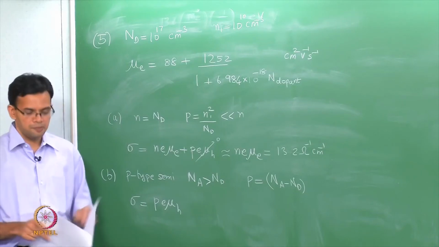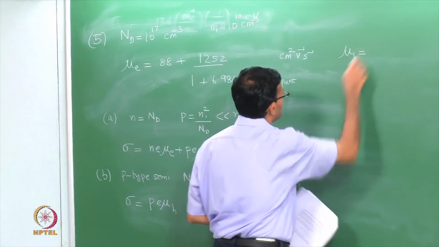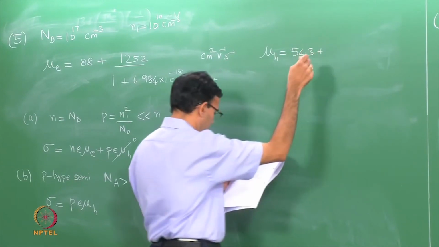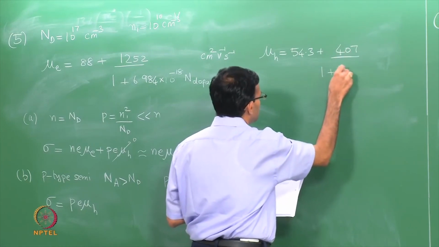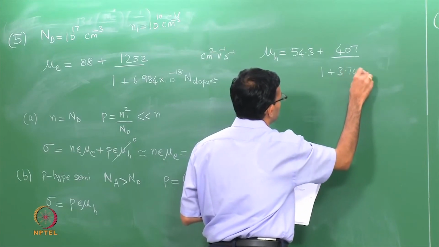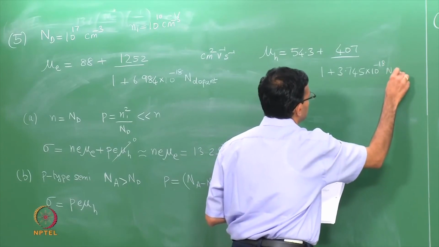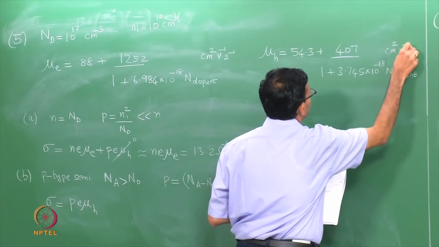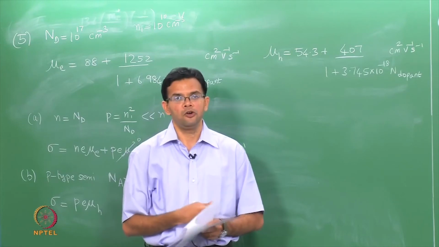There is a similar expression for the mobility of the holes. Mu is 54.3 plus 407 divided by 1 plus 3.745 times 10 to the minus 18 N dopant. The important thing to remember here is that this is the case where we have acceptor and donor impurities.